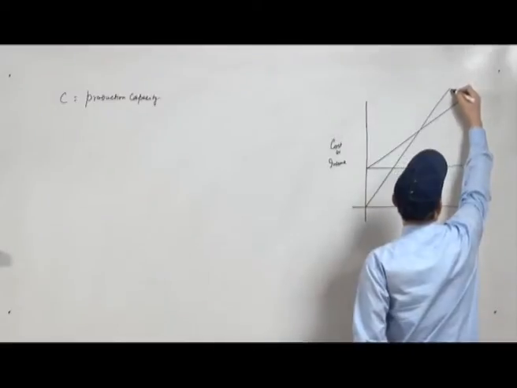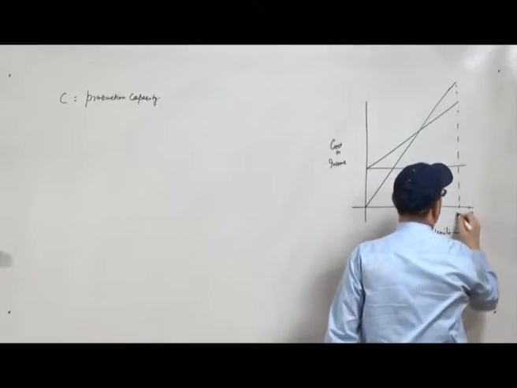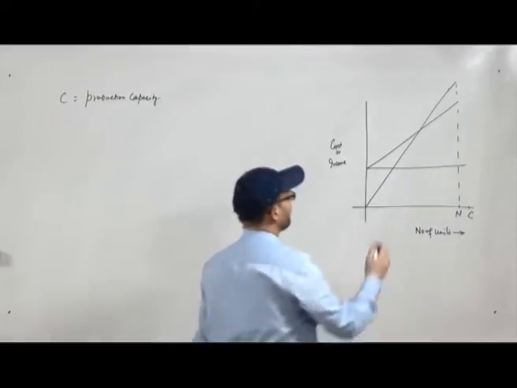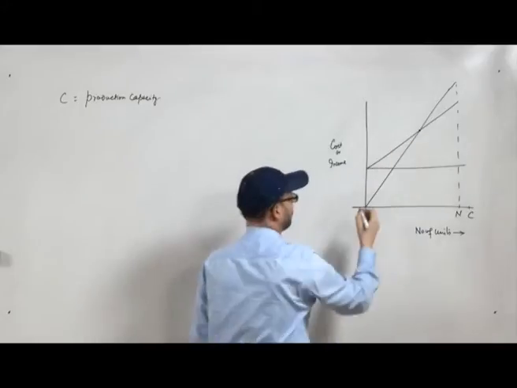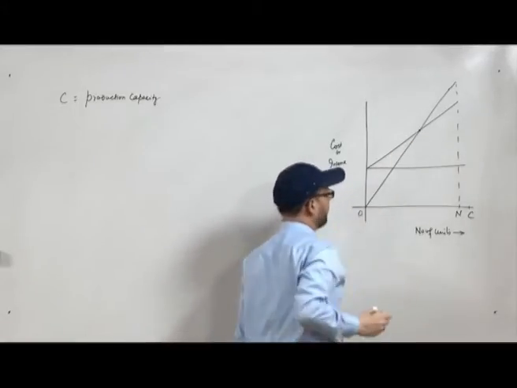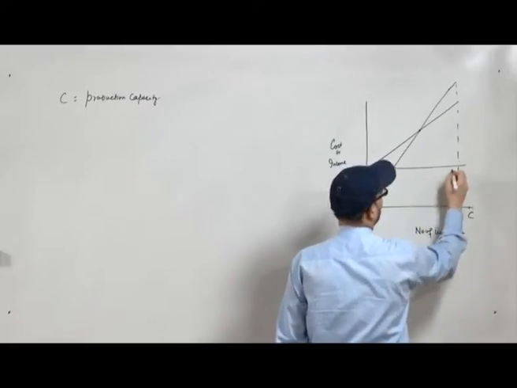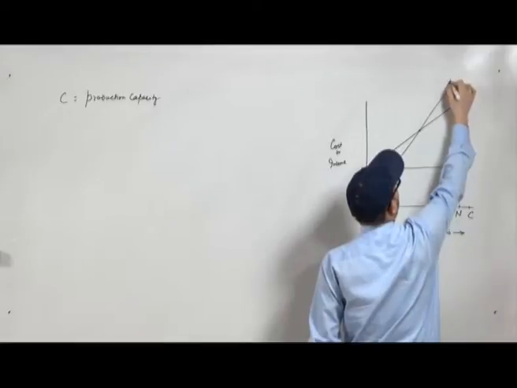So, basically this is the unit number n. Now, at this point, this is the income line. So, if we give names to these lines, this is point A, this is B, C and D.